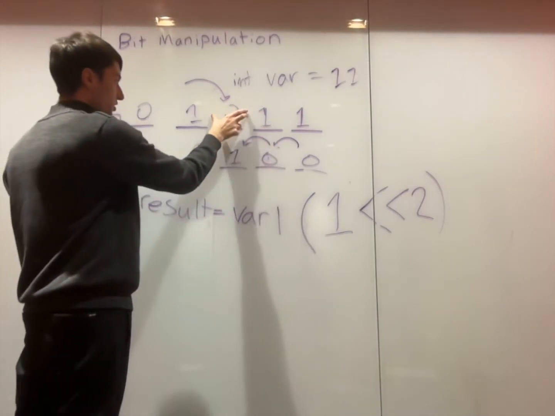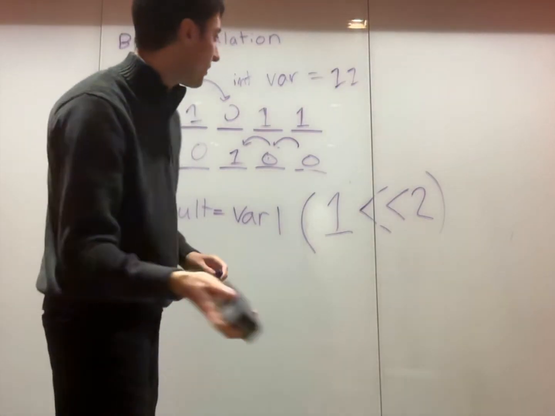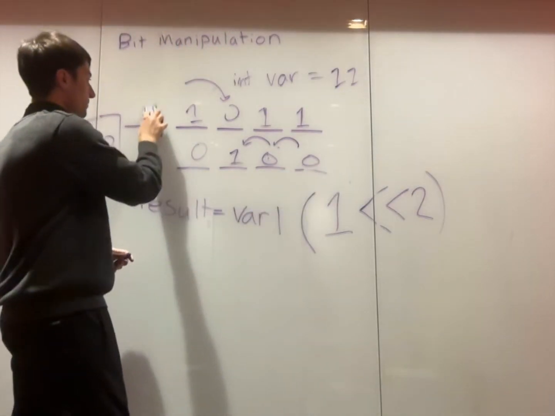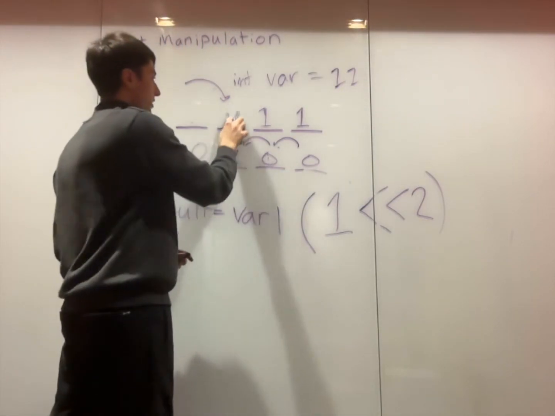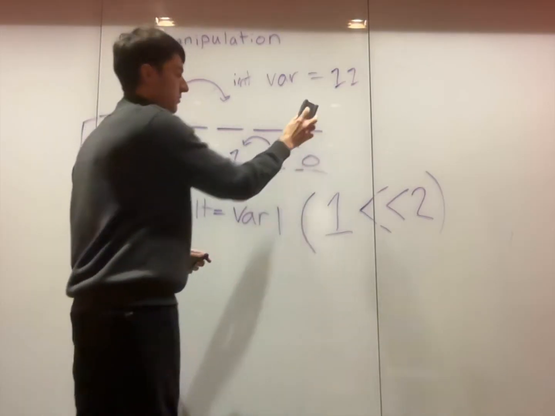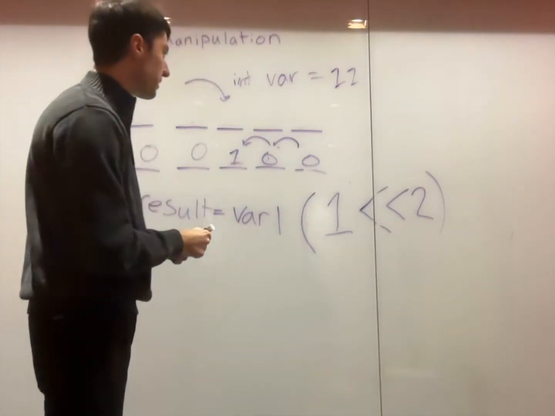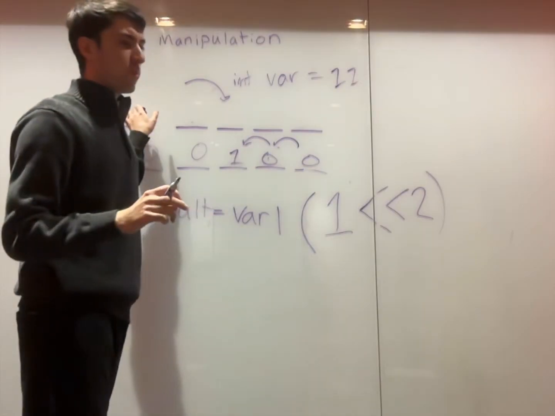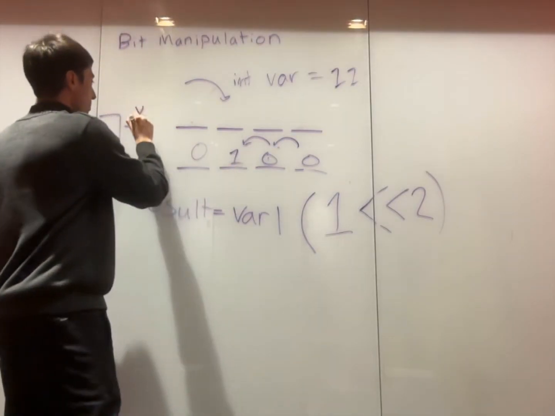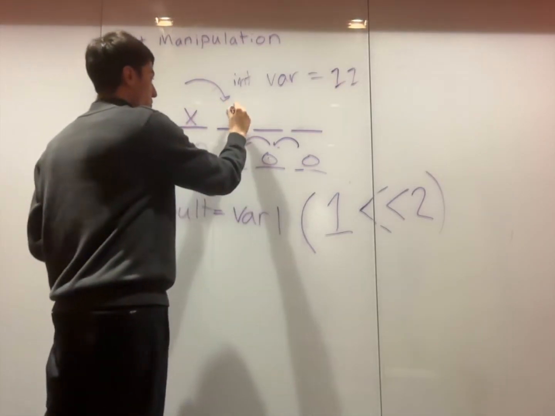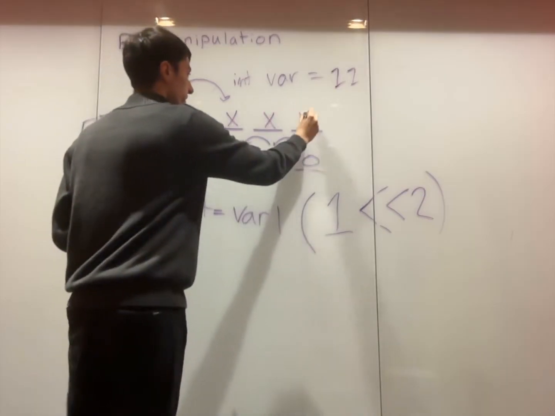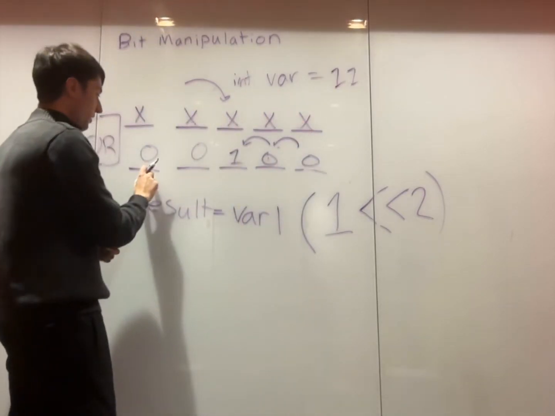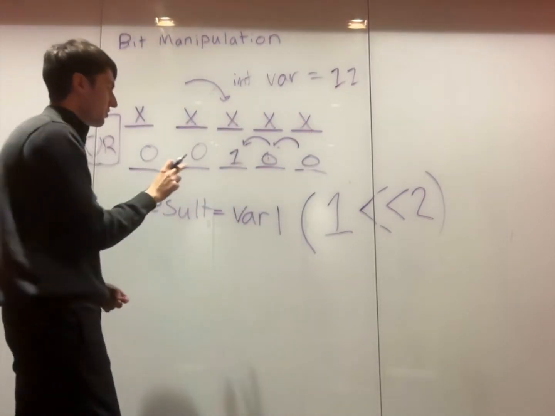You have some number, and a lot of times people use X's, because this number we want to just remain the same. If it's a 1, it carries down to be a 1. If it's a 0, it carries down to be a 0.